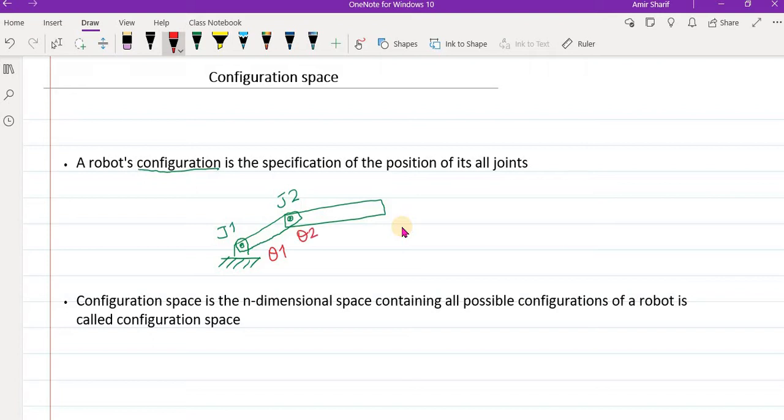So it means that if we have a specification of theta 1 and theta 2, this corresponds to a specific configuration of this robotic arm. Let's say if theta 1 is equal to 45 degrees and theta 2 is equal to 45 degrees, then the robot will have a configuration like this.